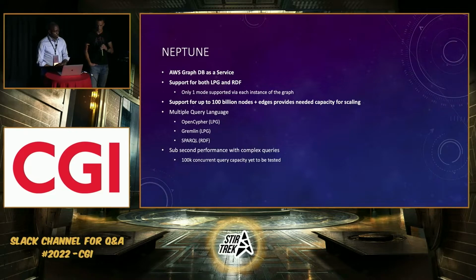Also, it actually has support for all three query languages that we use, and we use these quite extensively. The final deciding factor for Neptune, from the documentation, was being able to support 100,000 concurrent queries. Now, we've not tested that capacity yet.